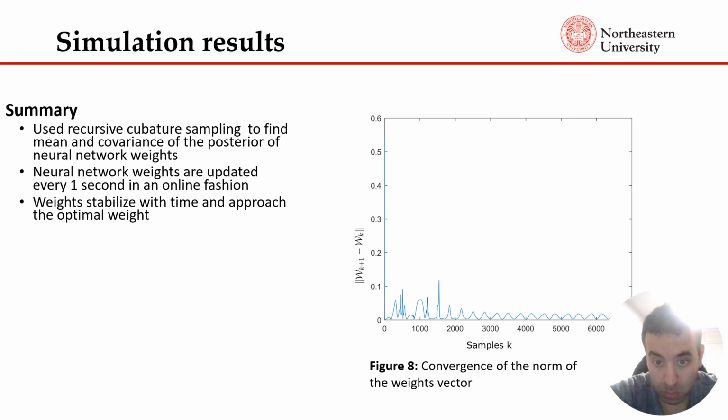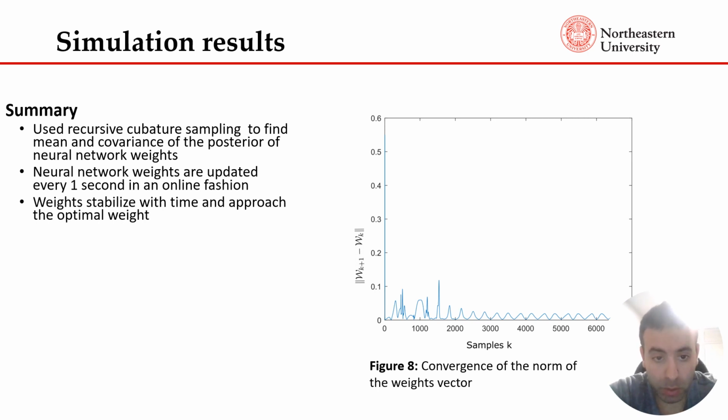We show that the norm of the difference of the weights stabilizes around 0. It keeps oscillating, but it reaches a very small value, which means the weights stabilize, which shows the success of learning the optimal weight.